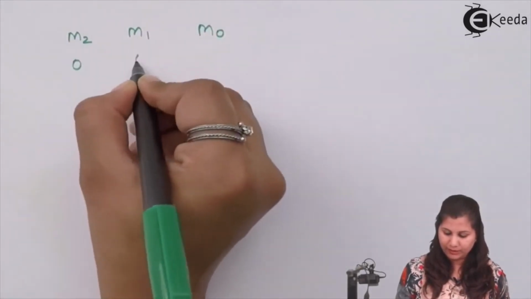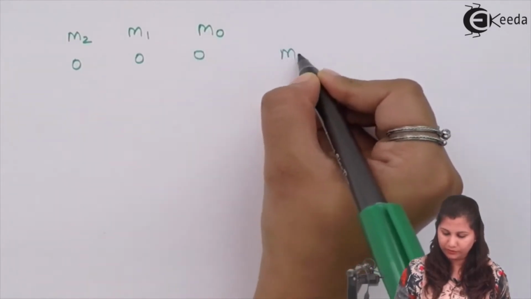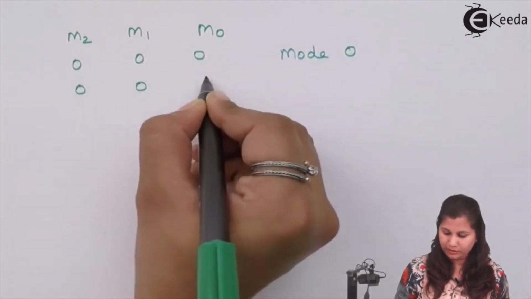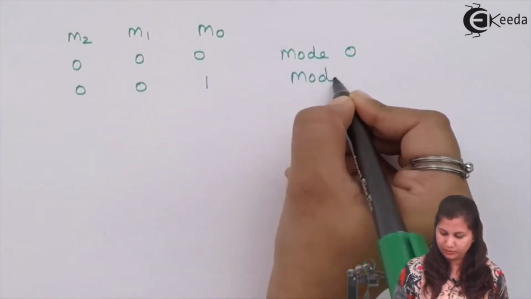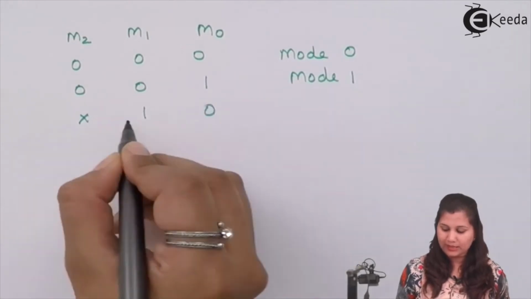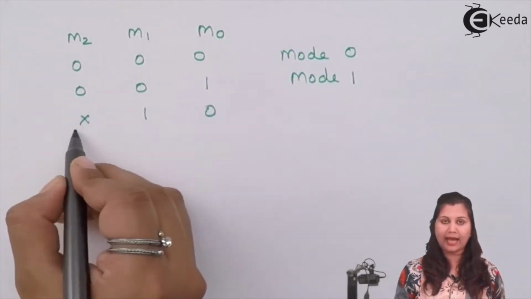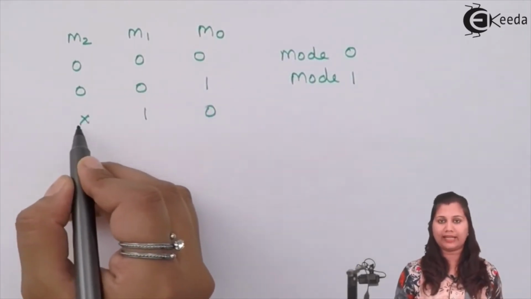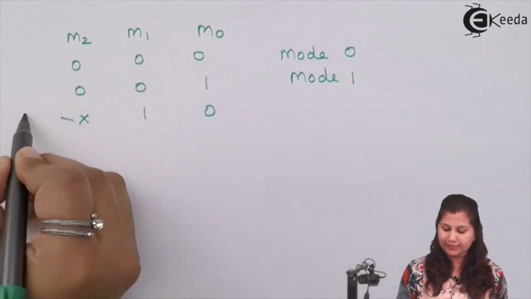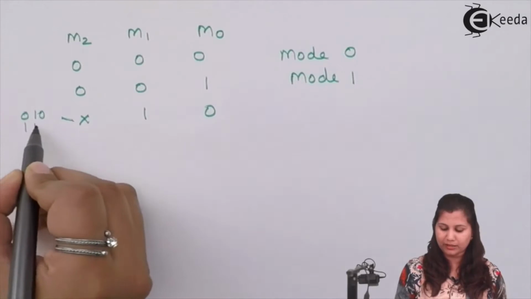if it is 000, then mode 0 will work. If it is 001, then mode 1. If it is x10, x means it can have 0 value also and it can have 1 also. So it can have two combinations like 010 and 110.